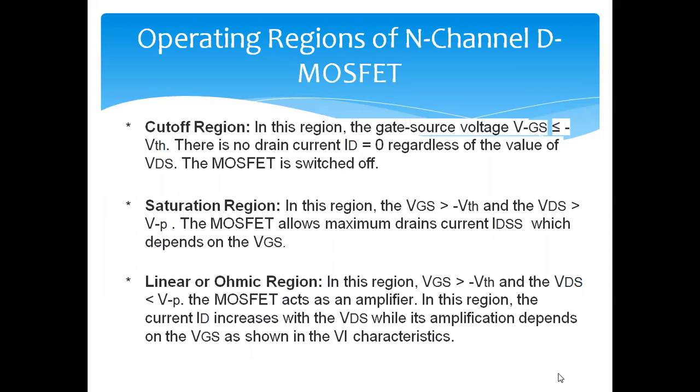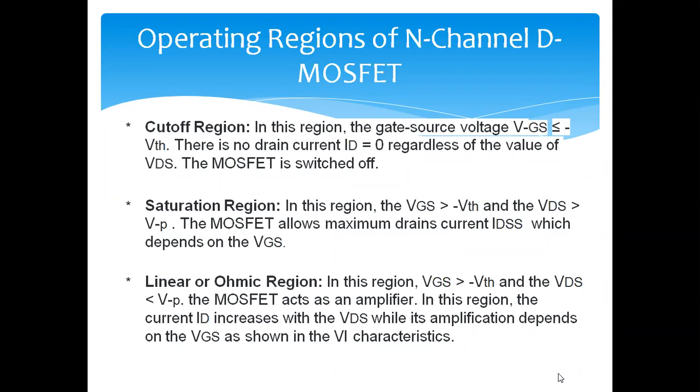But can we say that if you still increase the VDS and VGS value, the current will go on increasing? No. In case of MOSFET, there is one condition called the pinch off condition. That means though you increase any voltage, VGS or VDS, the ID will remain constant. That condition is called the pinch off condition. Yes, the maximum drain current will flow in the saturation region, but up to what limit?